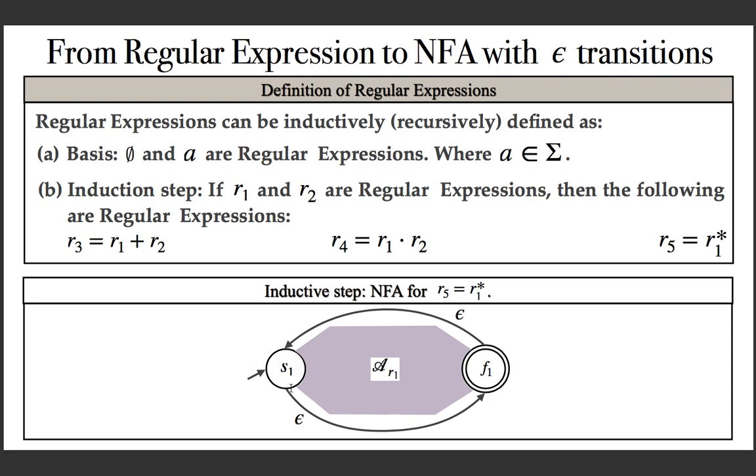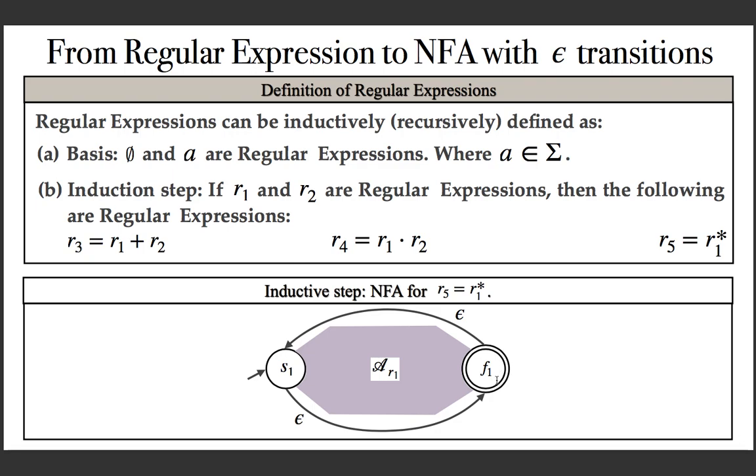If I take this one and accept, that means I accepted L raised to 0, where L is the language of this NFA. Going through this, I can accept L raised to 1. After L raised to 1, if I take this epsilon edge back, I can accept L raised to 2 like this.